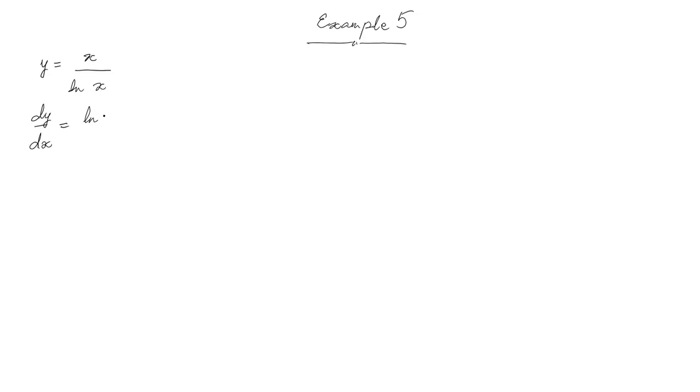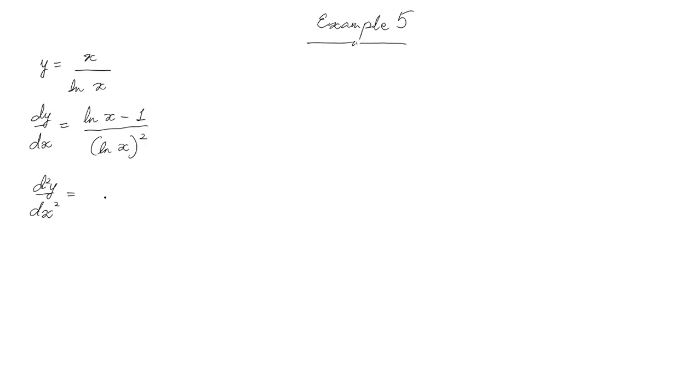For the first part, you will have (ln x minus 1) divided by (ln x) squared. Okay, so we are not letting this one equal to 0 because we are not finding the turning point, but instead differentiate it once more to get our second derivative.